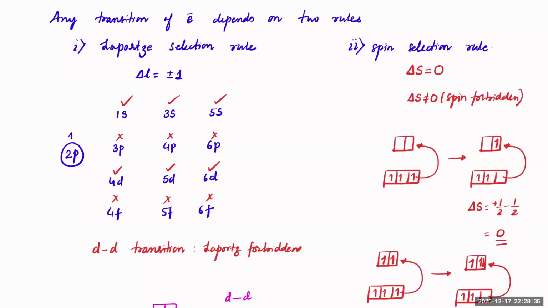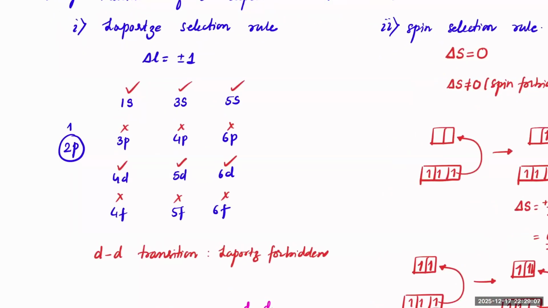So from an inner subshell, if it is going to any outer subshell, or from an outer subshell, if it is coming to the inner subshell by pushing out the energy, in either case, the azimuthal quantum number difference between the orbitals must be plus or minus 1. Imagine like this. There is an electron in 2p.